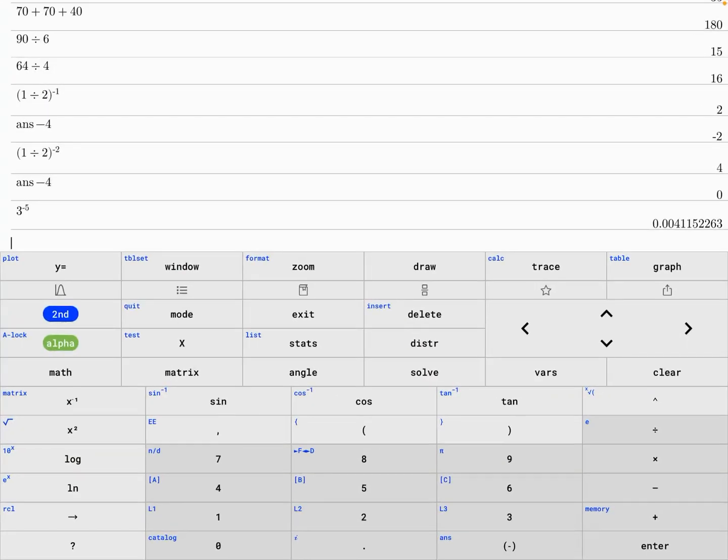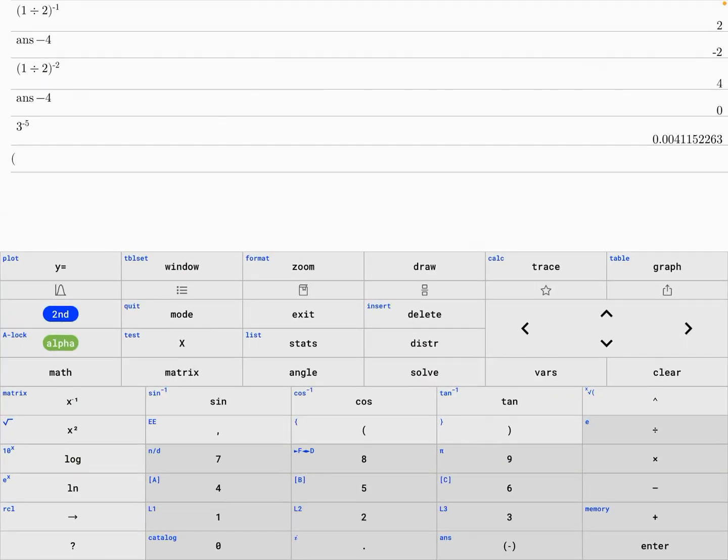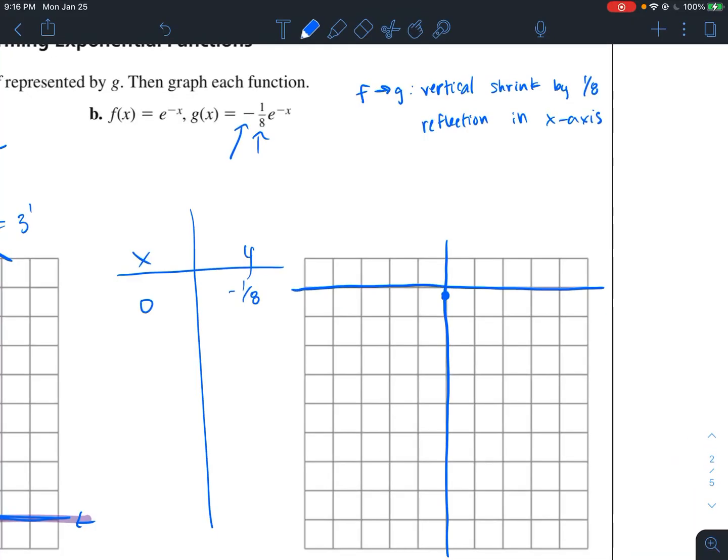So I have negative 1 divided by 8 times e raised to the positive 1, because I'm plugging negative 1 into negative x. So then I get 0.339. So that's, again, still a really small value.